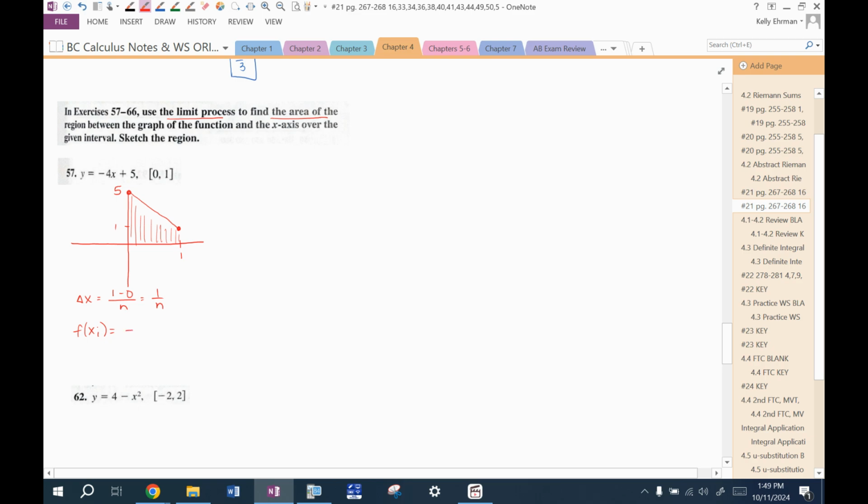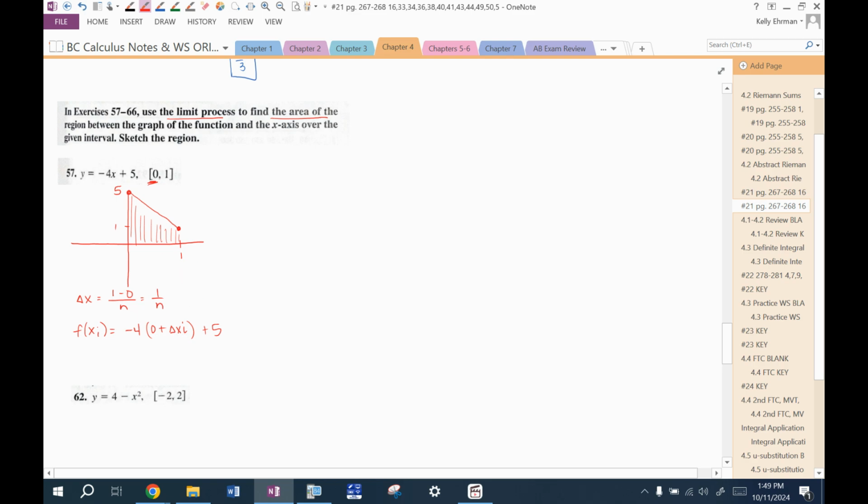So the original function is -4 times x plus 5. What are we going to sub in here? We always sub in the same expression. It's the beginning of the interval, 0, plus any number of delta x times i. i could be anywhere between 0 and 1, but we're going to multiply it by a width of delta x.